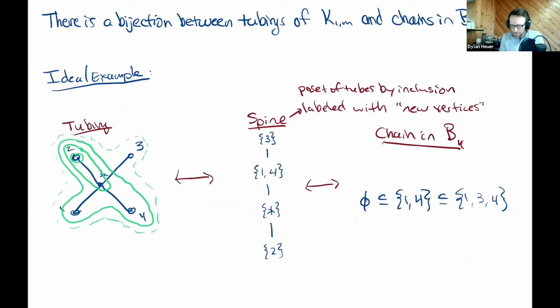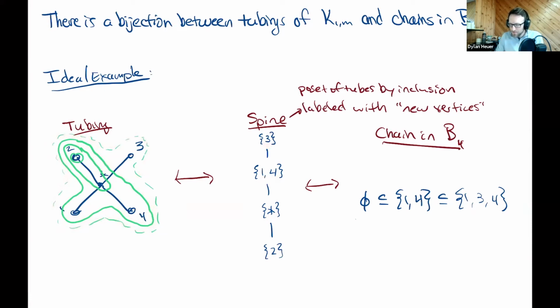So here my smallest tube just had the vertex 2, and then my next smallest tube had 2 and star, so I labeled it with star, and then the next smallest tube had 1 and 4 added to it, and then we consider the whole graph to be an ambient big tube that whatever was left over goes at the top.